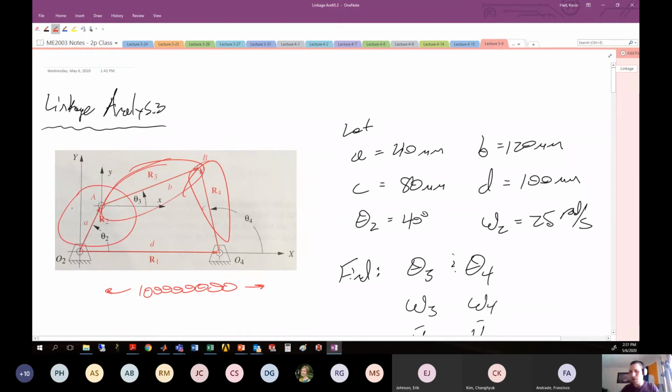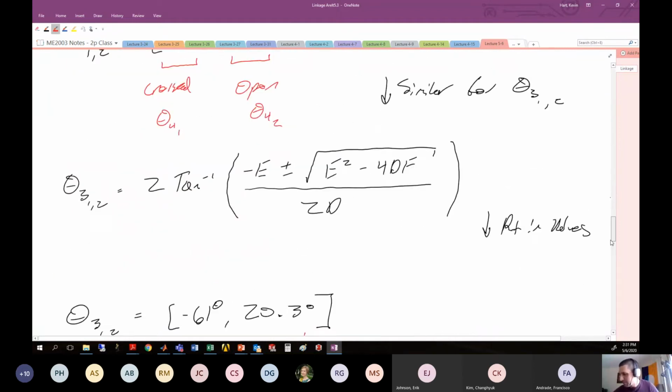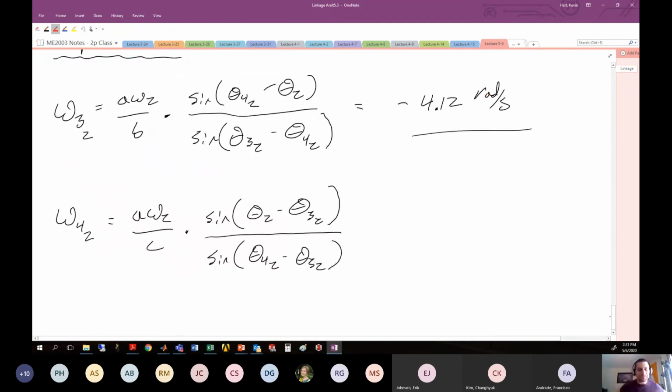There's no way that you could assemble the links with enough freedom to get all the way out to whatever separation you have between those two. So if the value of little d there was a very large number relative to the size of the other links, then you would get an imaginary solution for theta 3 and theta 4. We talked about that a couple days ago.